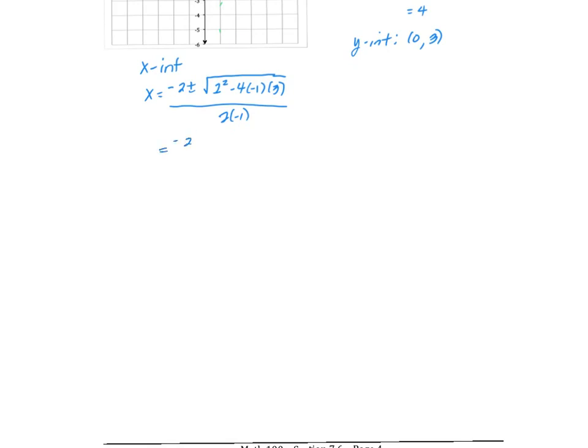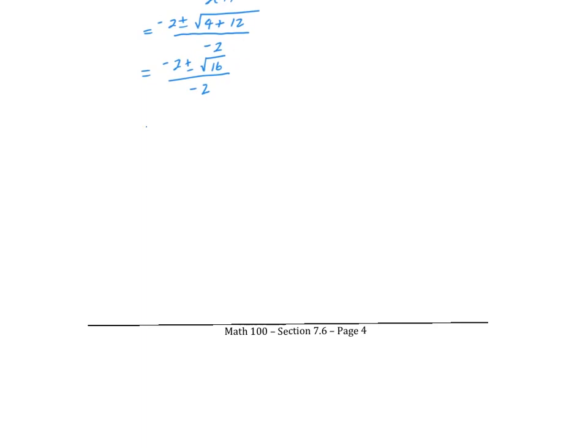That would be negative 2 plus or minus the square root of 4 plus, negative times negative is positive, 4 times 3 is 12, over negative 2. Negative 2 plus or minus the square root of 16, again over negative 2. Negative 2 plus or minus 4 over negative 2.